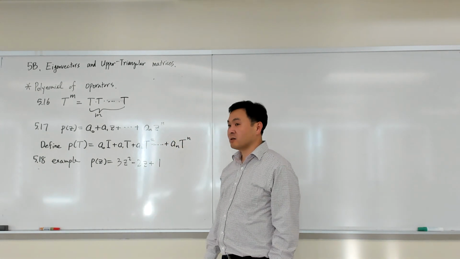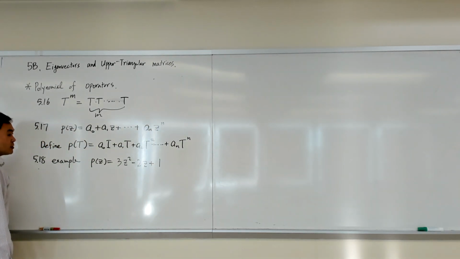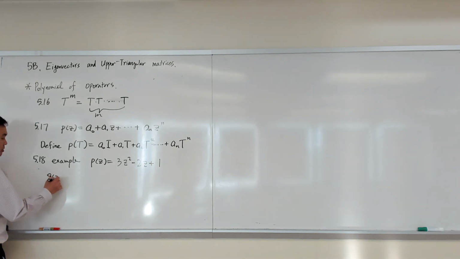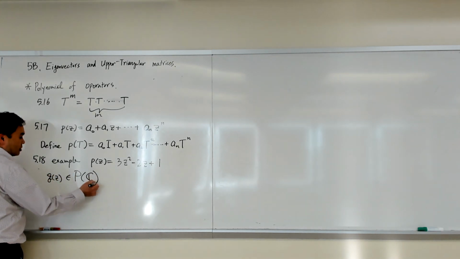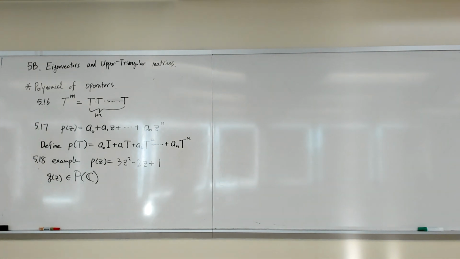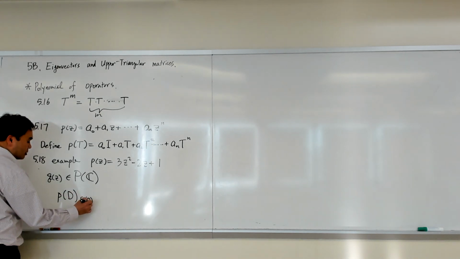And then let's say Q of Z is another polynomial on C. Then what is P of D applied to Q?